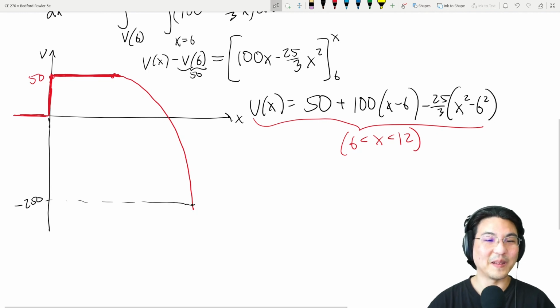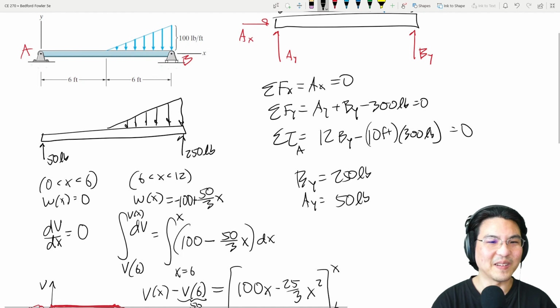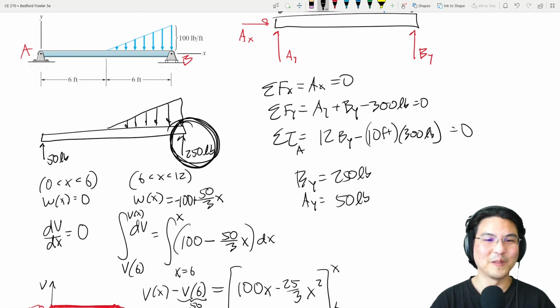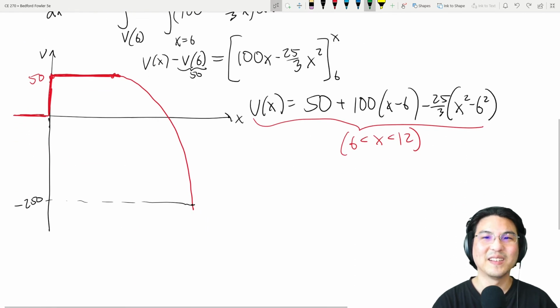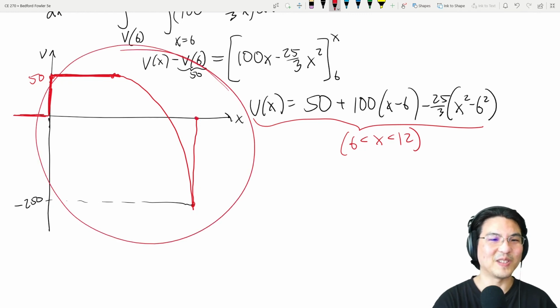Okay, and then what happens right here? Look, we encounter this reaction in the positive direction, so positive 250. So suddenly this goes up 250, which happens to be, right, this is negative 250, so it goes up to 0. So this is shear.